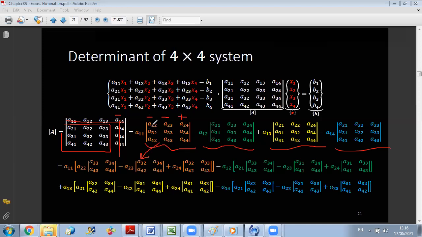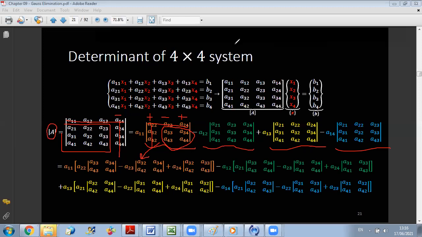The first term will be A22, I drop the row and column, these four terms will remain, etc. So you see that it will take a very large time to compute the determinant of a 4 by 4 matrix. Imagine now it's 5 by 5, it's never ending. The exam will finish and we will not finish getting the determinant.